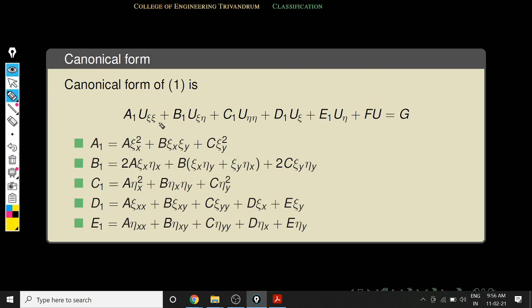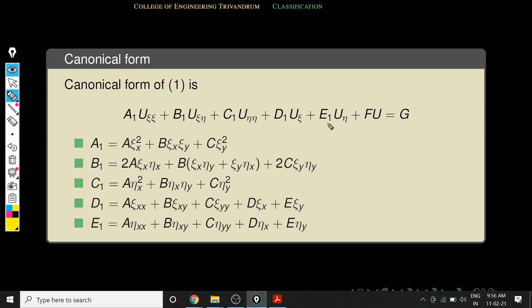After finding u psi, u eta, u psi eta, everything, and substituting and simplifying, we get a new PDE like this: A1 u psi psi plus B1 u psi eta plus C1 u eta eta plus D1 u psi plus E1 u eta plus Fu equal to G. Okay, and what are the constants A1, B1, C1, D1 and E1?